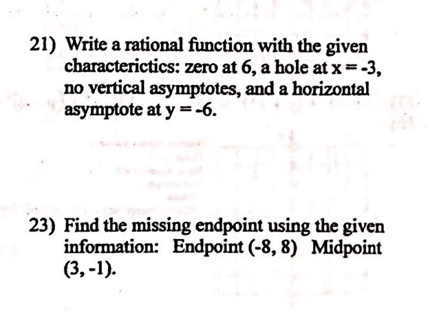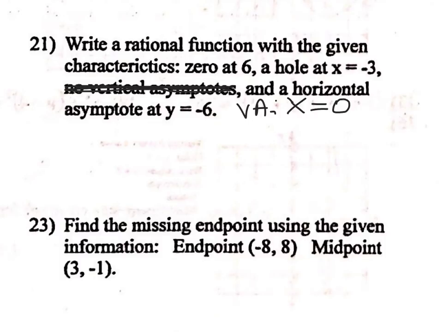All right, I'm also going to do problem 21, but I'm going to change it. Instead of saying no vertical asymptotes, I'm going to say that we have a vertical asymptote at x equals 0. All right, so let's go ahead and solve this one.